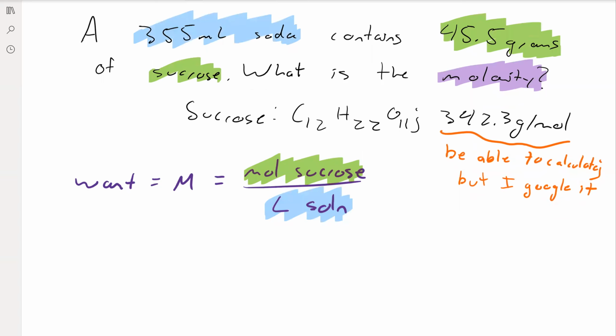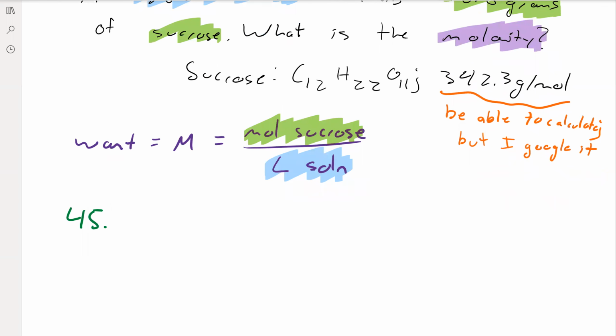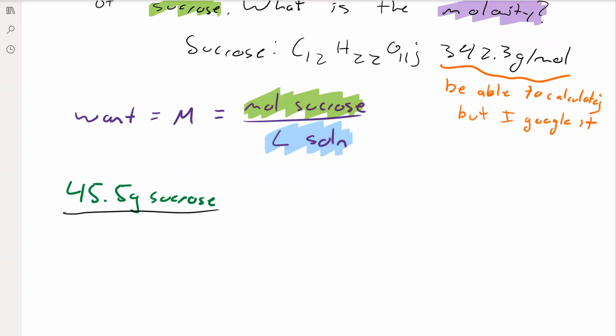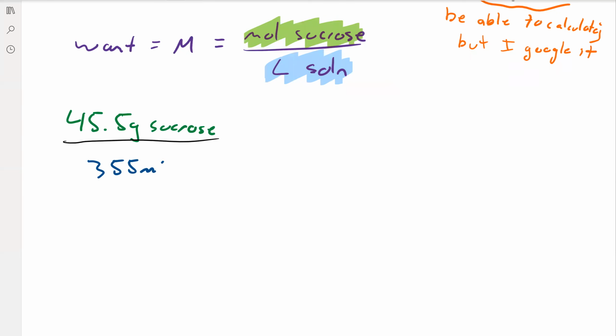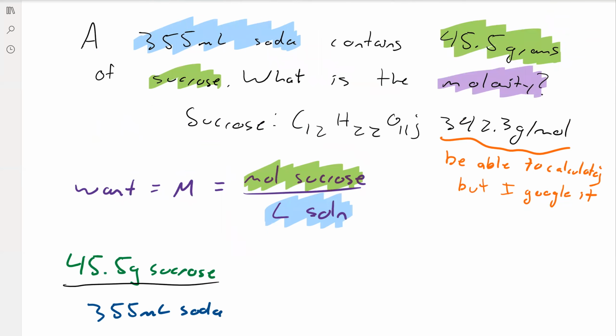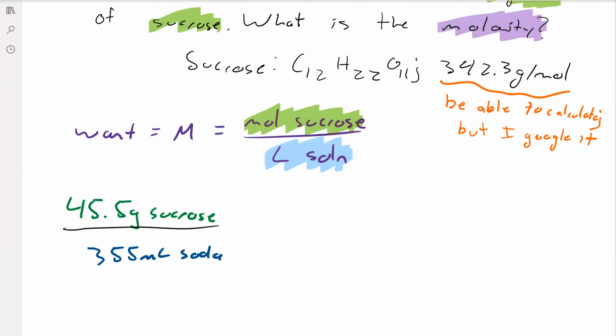So I would start off by saying, okay, well, we have 45.5 grams of sucrose. And then I'm going to put under it the 355 milliliters of soda. The reason that I did that is because I know at the end I want moles over liters, and I know my moles are going to come from the grams, and my liters are going to come from the milliliters.